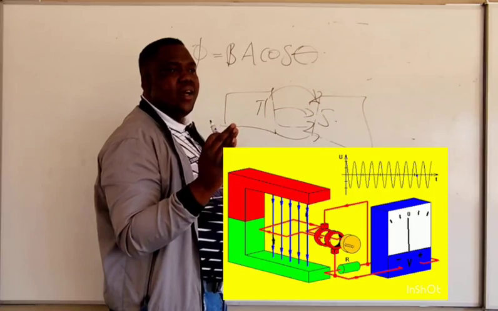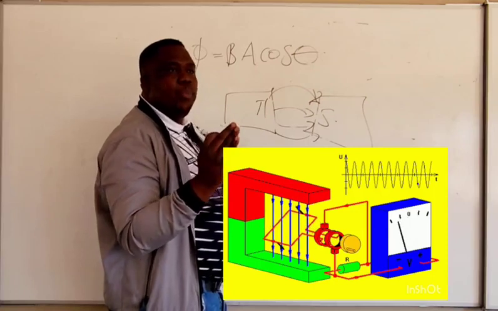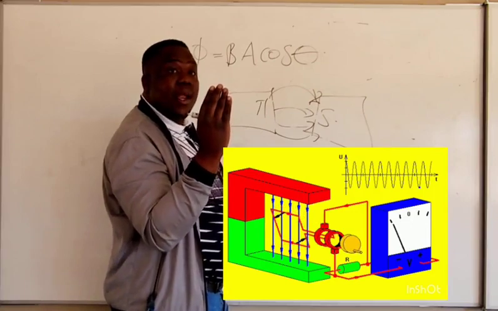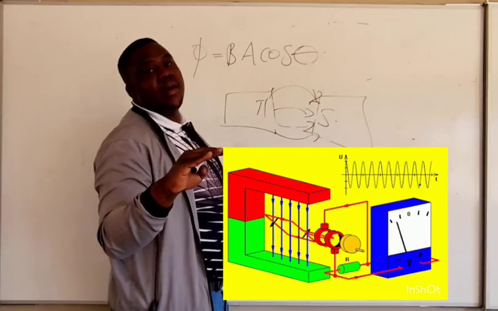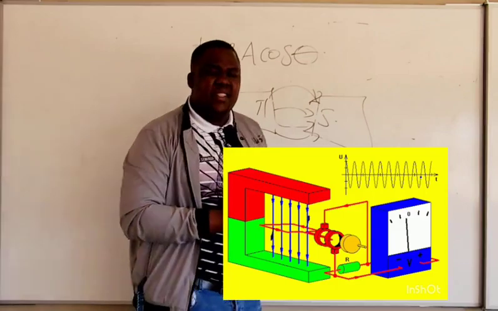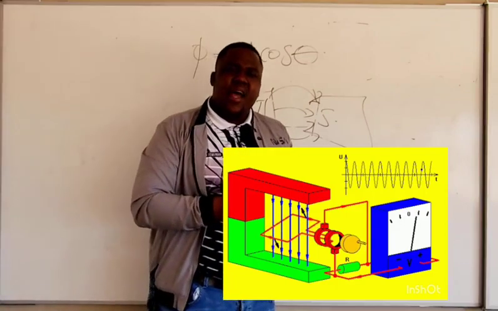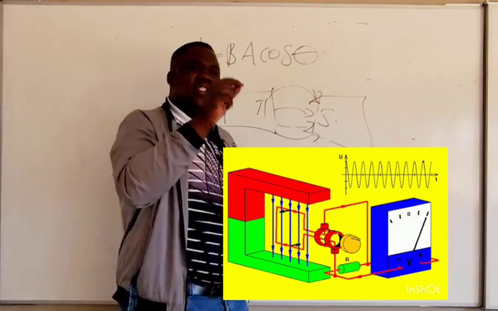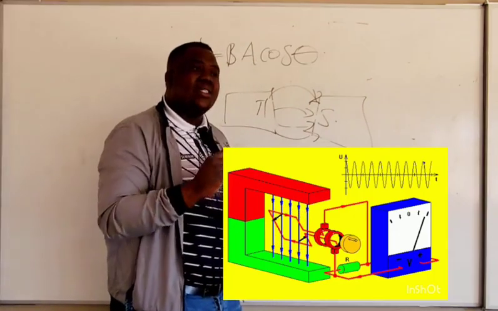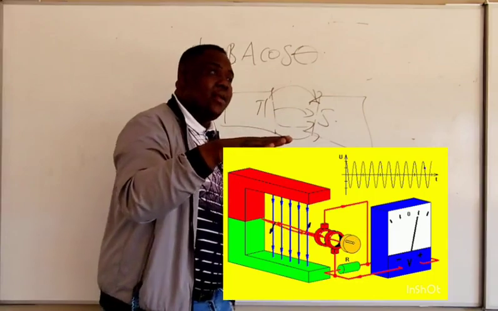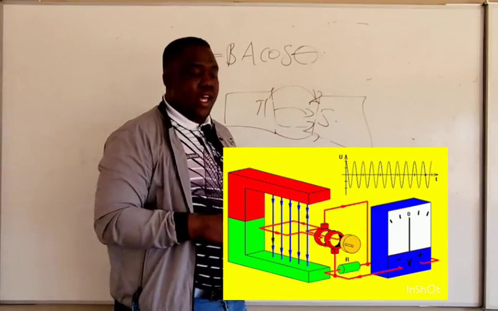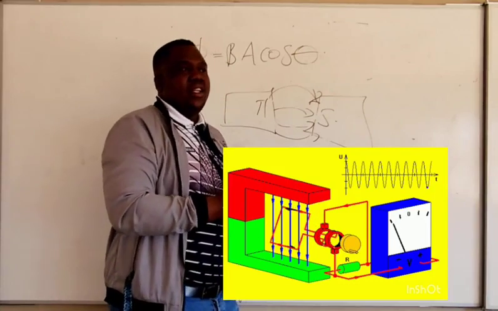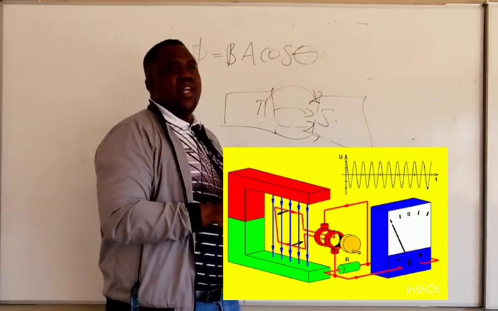When the loop is perpendicular to the magnetic field line, the normal line is parallel to the magnetic field line. That's the main statement. The normal line inside the loop, inside the coil, is situated in a manner that when the coil is parallel, the normal line is perpendicular. It's like the normal line is opposing the direction in which the loop is lying.